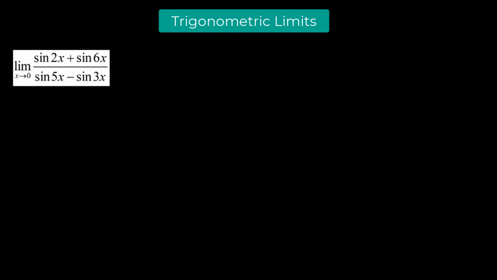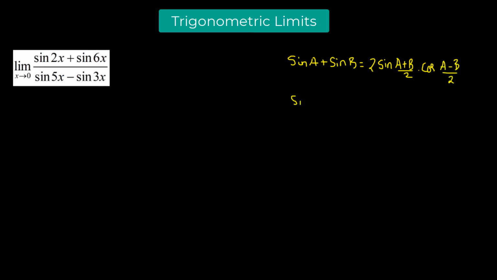So we're going to use two identities. Sine A plus sine B is given by 2 times sine of (A plus B) over 2 times cosine of (A minus B) over 2.